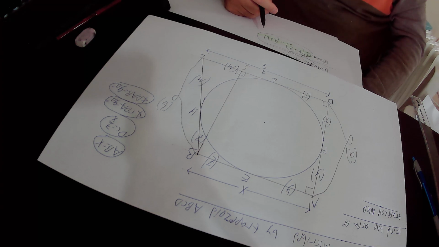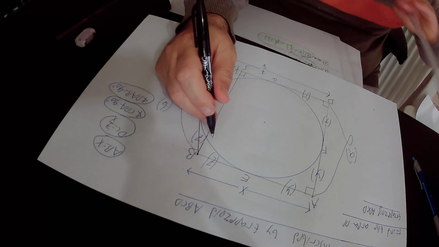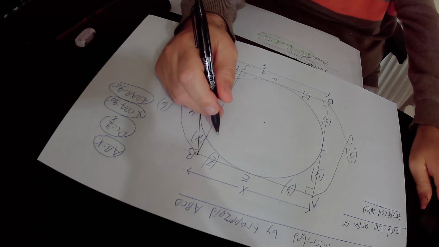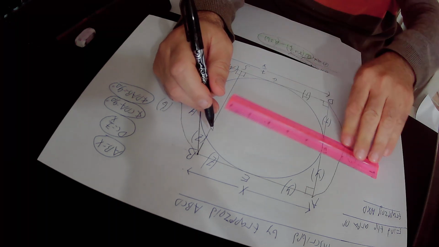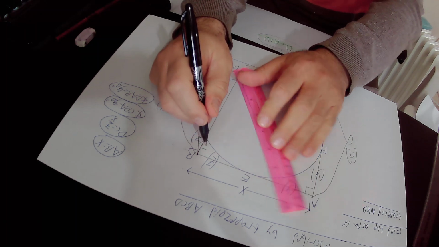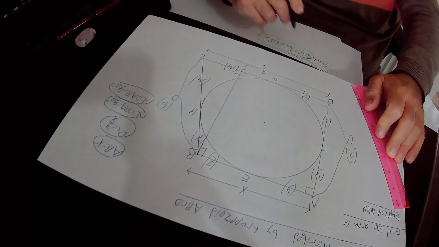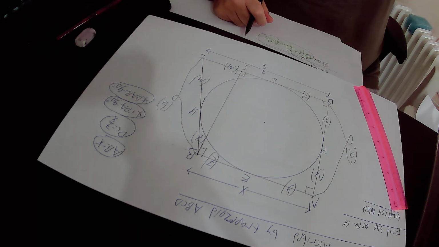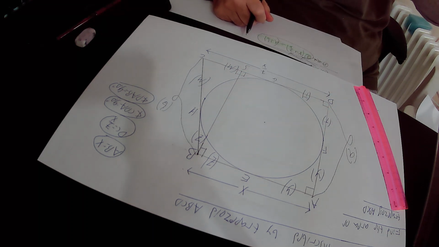So 270 degrees plus the size of this fourth missing angle must equal 360 degrees, according to the rule that the sum of the angles in any quadrilateral is equal to 360 degrees. Therefore, this missing fourth angle must be equal to 90 degrees in its size.